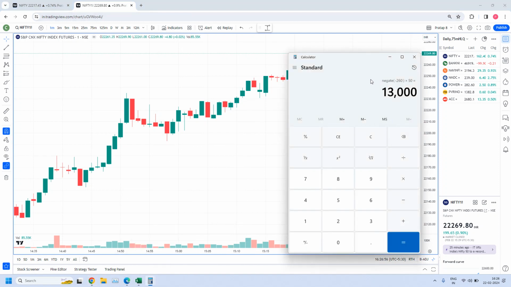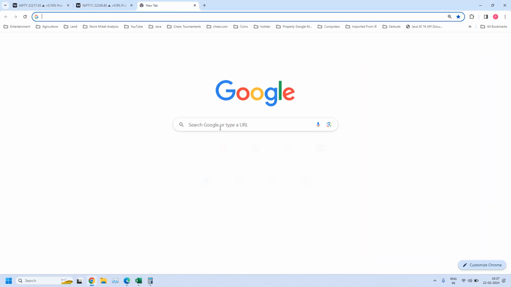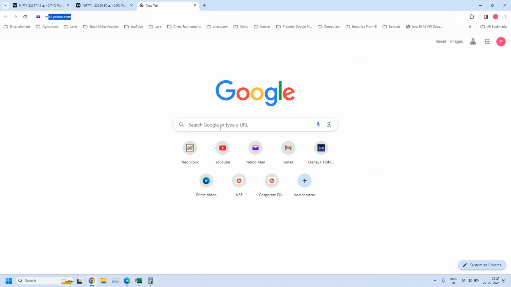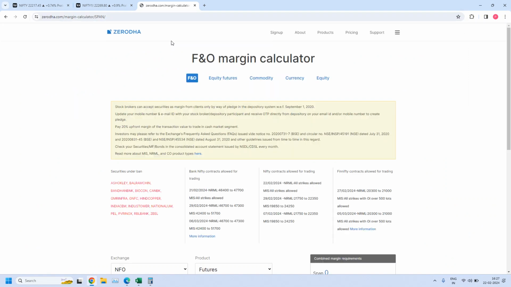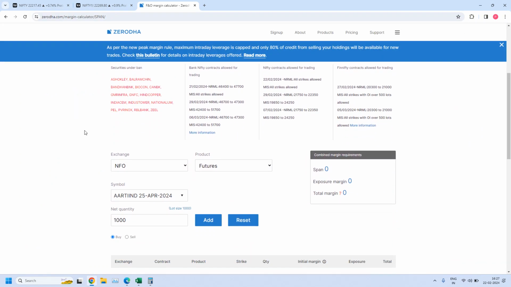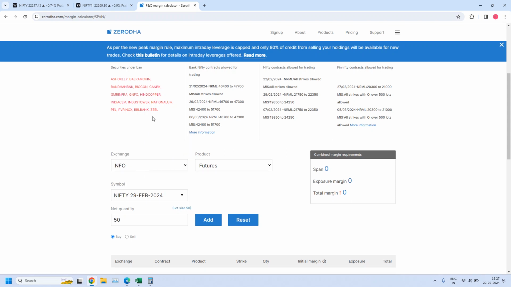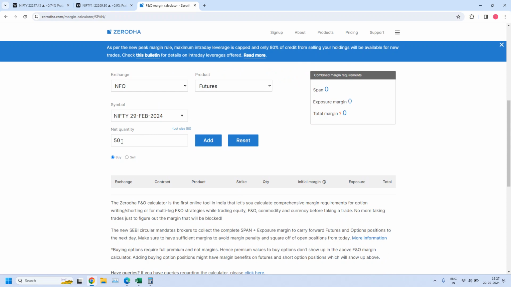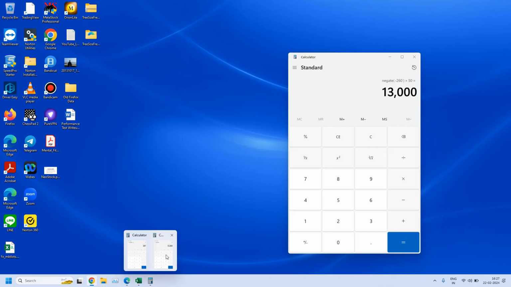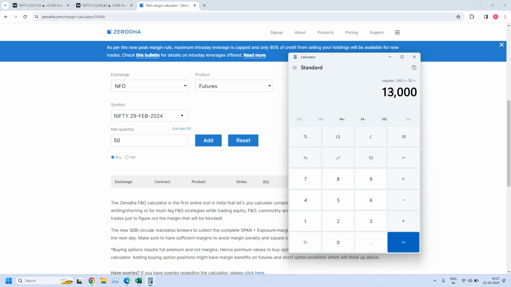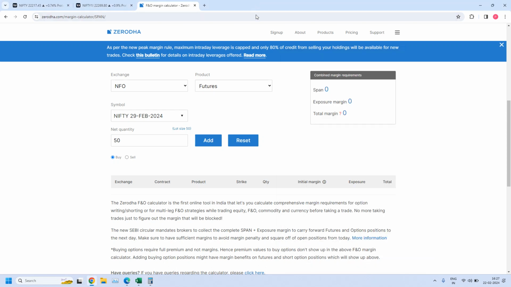So how much profit did we get? 13,000. And let me open the Zerodha margin calculator. See here, Nifty 50, the current February. I'm opening February Nifty 50. What is the net quantity? 50. That is what we already used in the calculation. We got 13,000 profit.